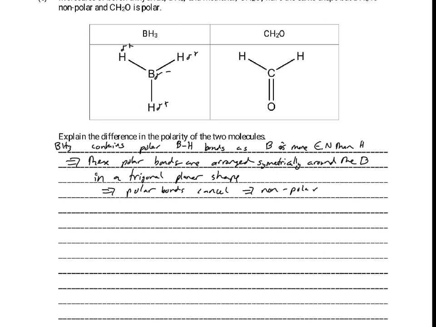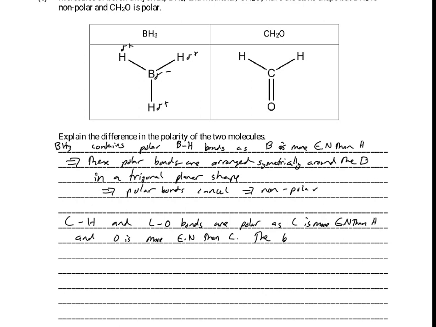Right, CH2O on the other hand, it contains CH bonds and CO bonds, which are both polar, as carbon is more electronegative than H. And O is more electronegative than C. Okay, so talk about why both bonds are polar.